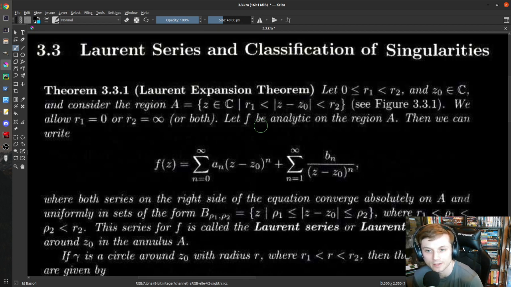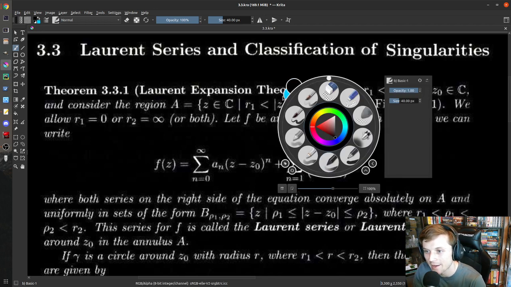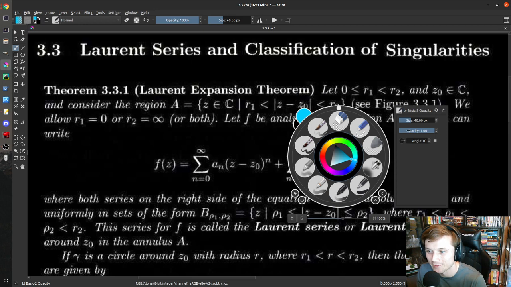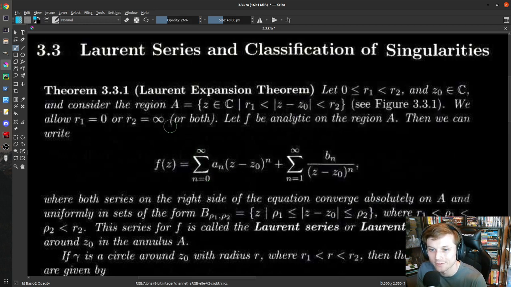They're big deal results, but the results are cool. The proofs are not. Happens sometimes, right? Not trying to hate on the authors, or the people who came up with these things in the first place. I'm just saying that it's not as cool as the results, which is maybe the biggest compliment you can give to a theorem. So we're just going to start it out straight up with the Laurent expansion theorem.